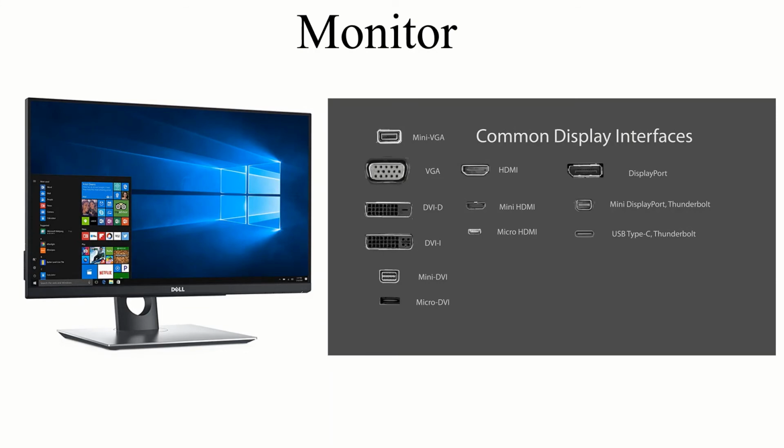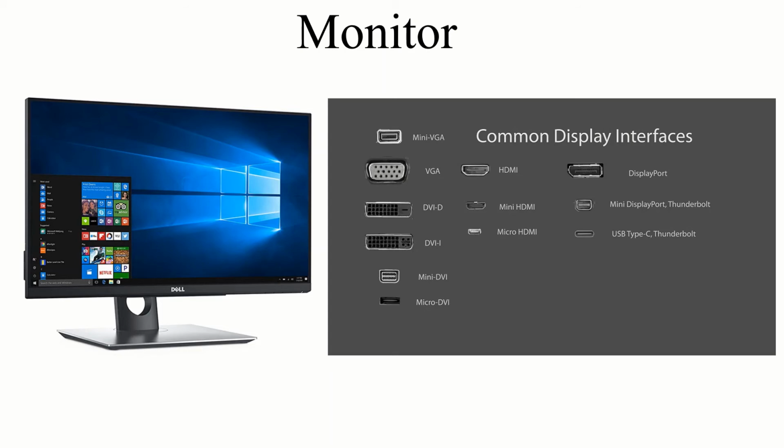These types of monitors are coming in the market, and we can use the monitor as per our convenience. LED is the latest monitor, so we can use an LED monitor. There are lots of common display interfaces on the monitor.